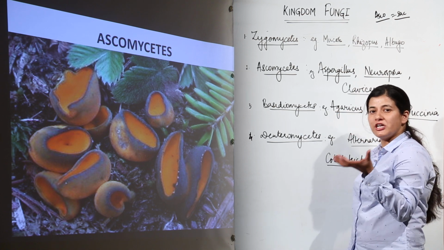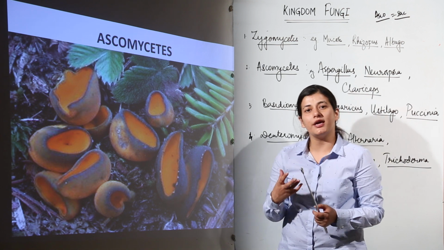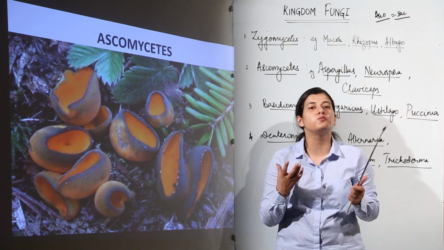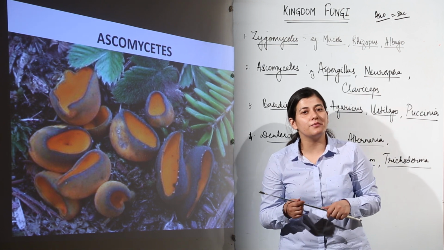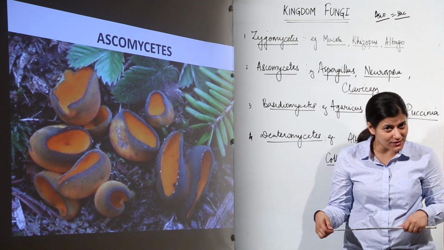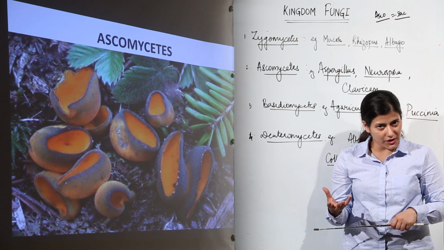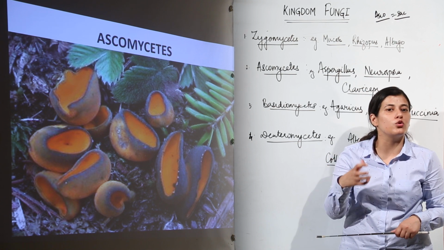Now a cup shaped fruiting body, what basically is a fruiting body? A fruiting body is something which has the spores inside it. As I told you in the beginning, for Ascomycetes and the other class, Basidiomycetes, the classification is made on the type of fruiting body inside which the meiotic spores are developing.